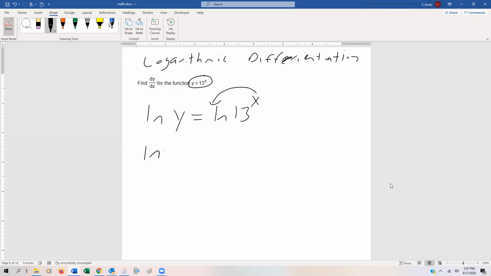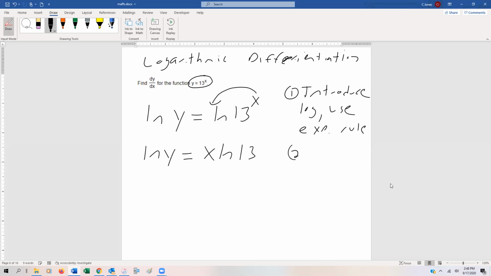So we can rewrite this as ln y is equal to x ln of 13. So step 1 for logarithmic differentiation is to introduce a log and then remove any x's in the exponents. We're going to use that exponent rule.